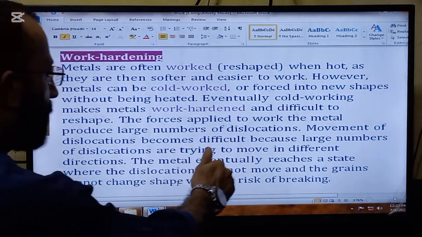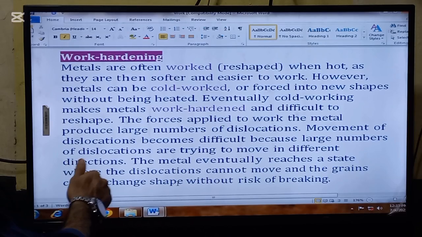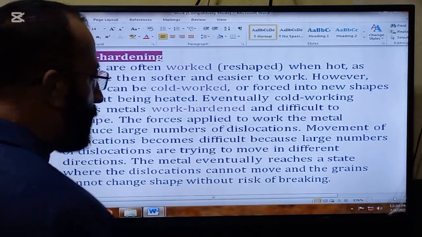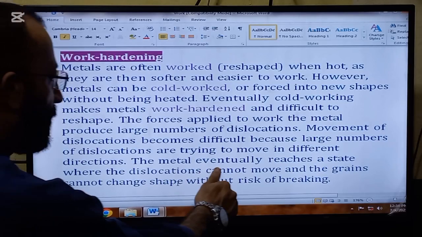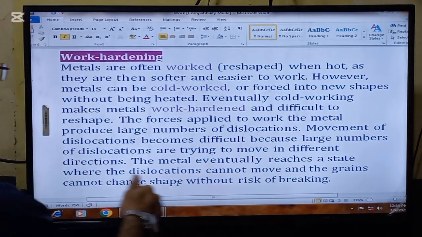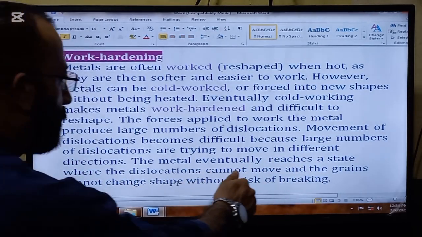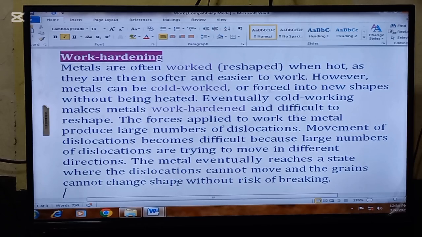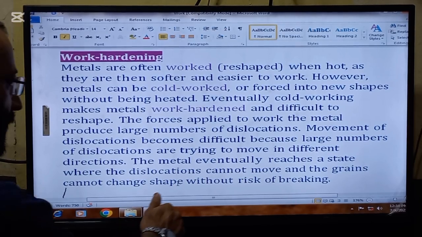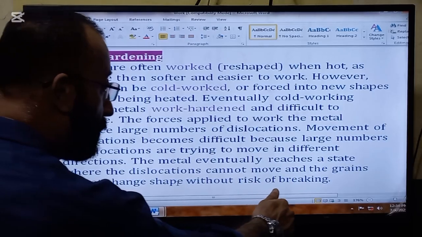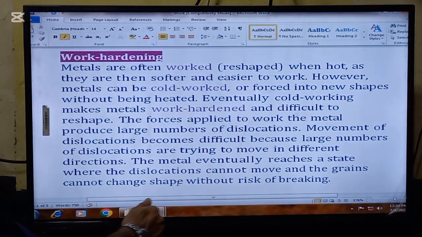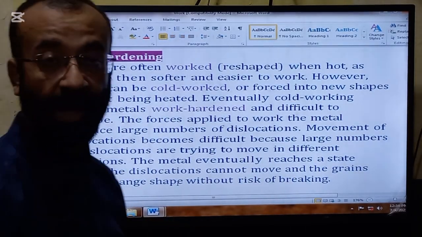The forces applied to work the metal produce a large number of dislocations. Movement of the dislocations becomes difficult because a large number of the dislocations are trying to move in different directions. The metal eventually reaches a state where the dislocations cannot move and the grains cannot change shape without risk of breaking.